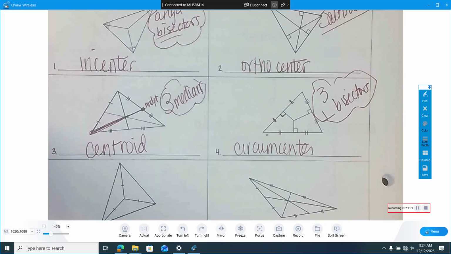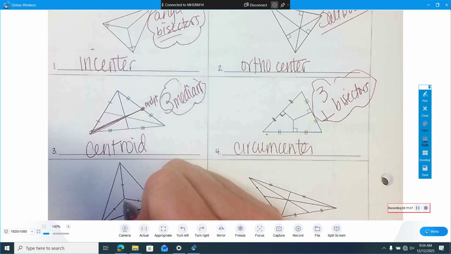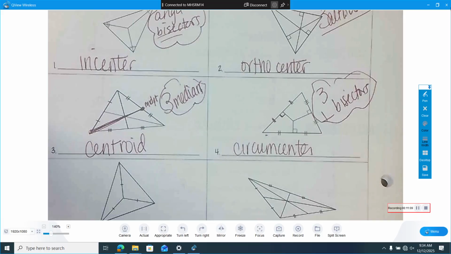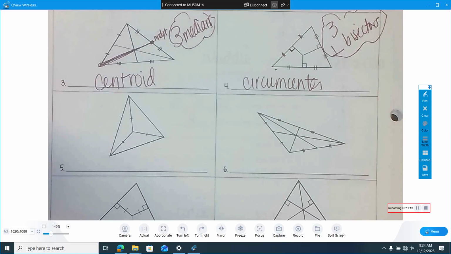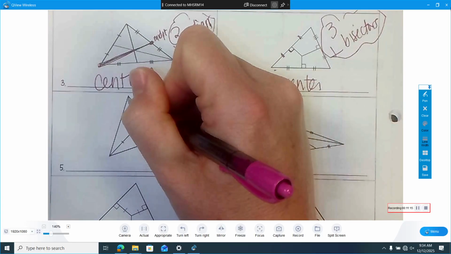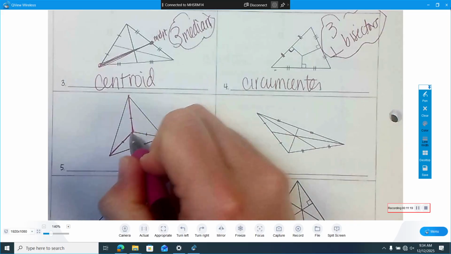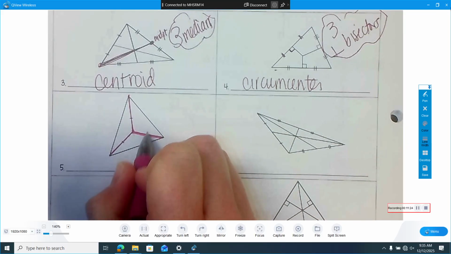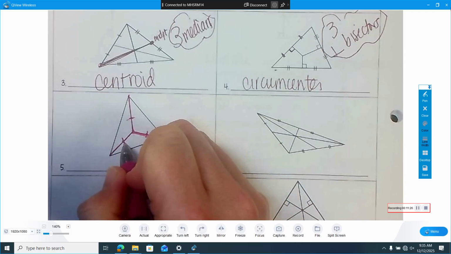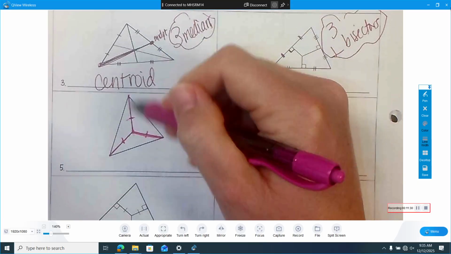Number 5. Ooh, this is interesting. Well, incenter is created by angle bisectors. In this picture, they didn't tell me that my angles have been bisected. Instead, they're telling me that these 3 spokes from this point to the vertices are all the same length.